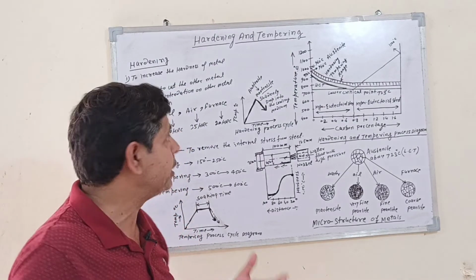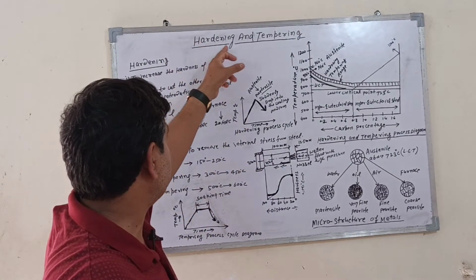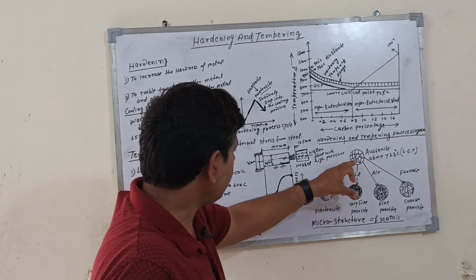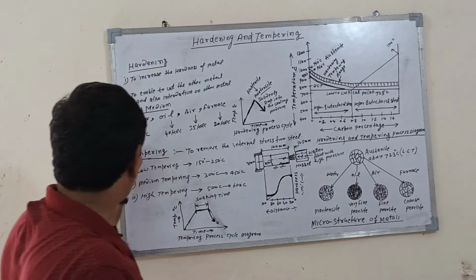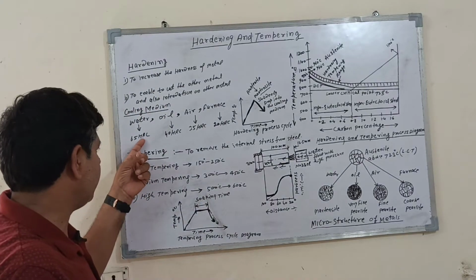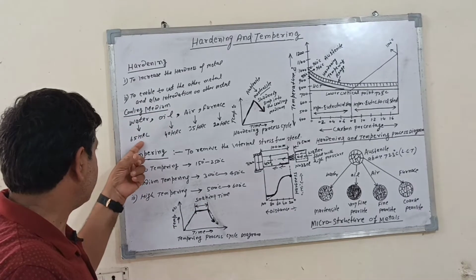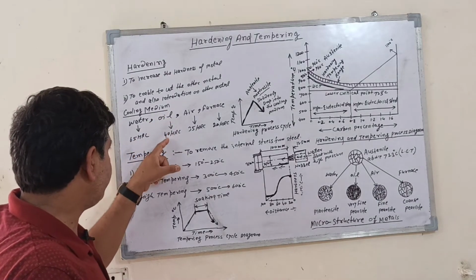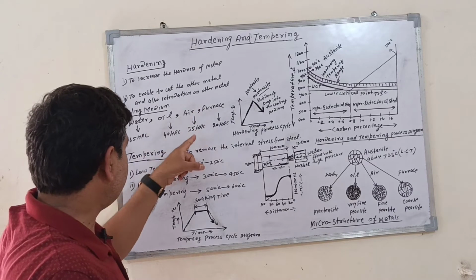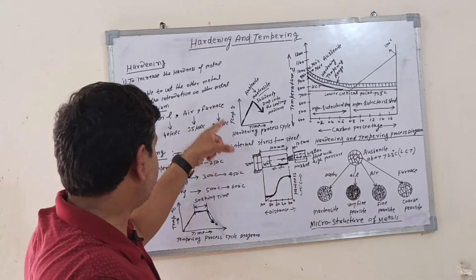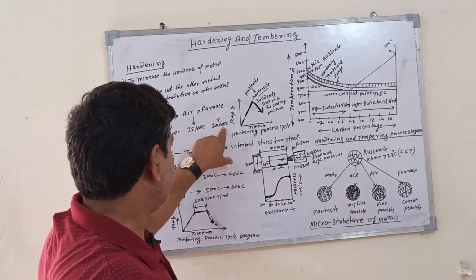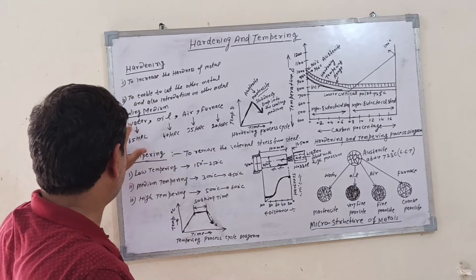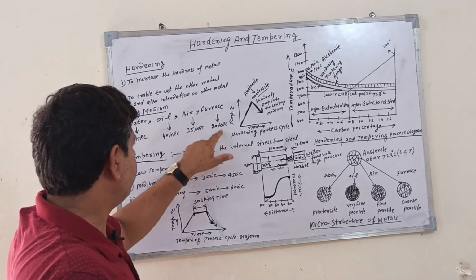In water cooling, you can get a hardness of 65 HRC. When oil is used as the cooling medium, you can get 40 HRC. Air gives 35 HRC. In a furnace, 20 HRC. This is the hardness you can get according to the medium used.